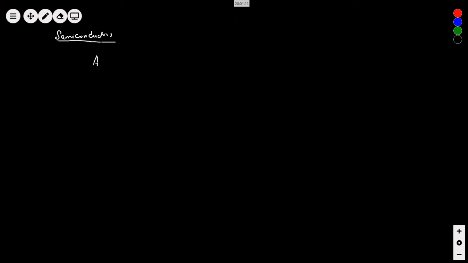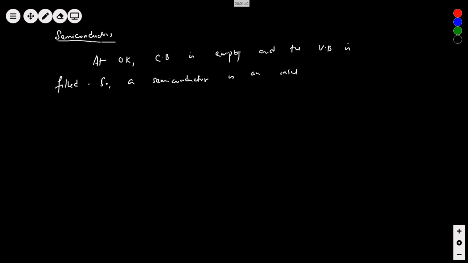Now let us see this. At 0 Kelvin, the conduction band is empty and the valence band is filled. So a semiconductor is an insulator at 0 Kelvin. Fine.